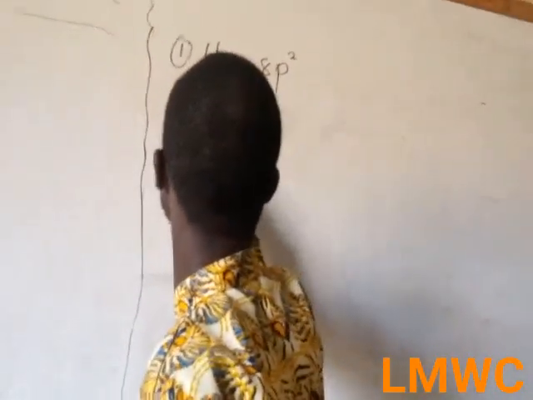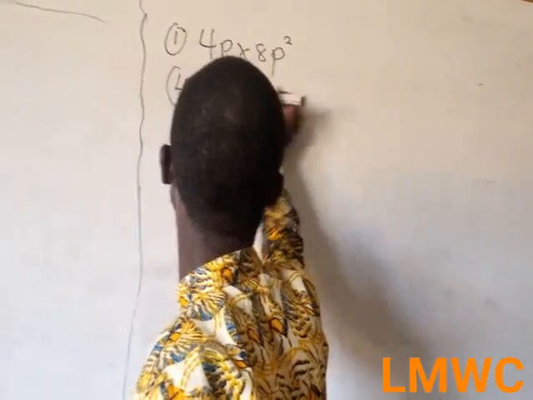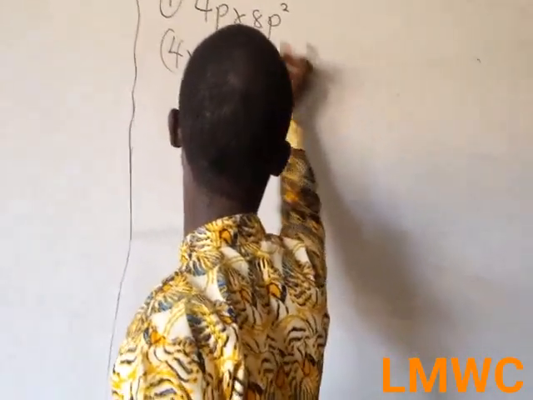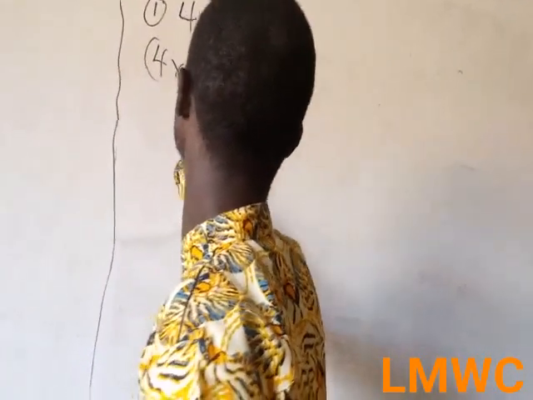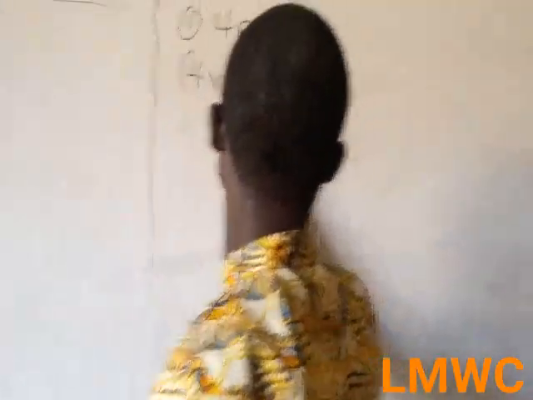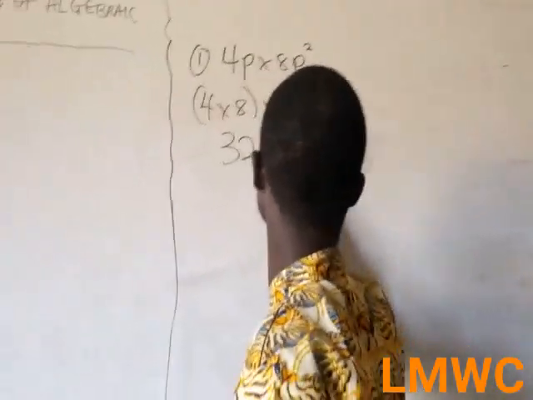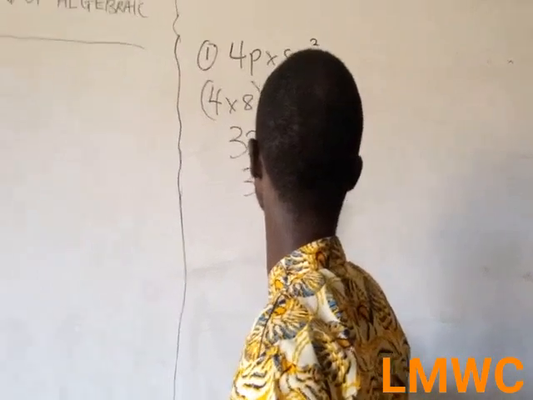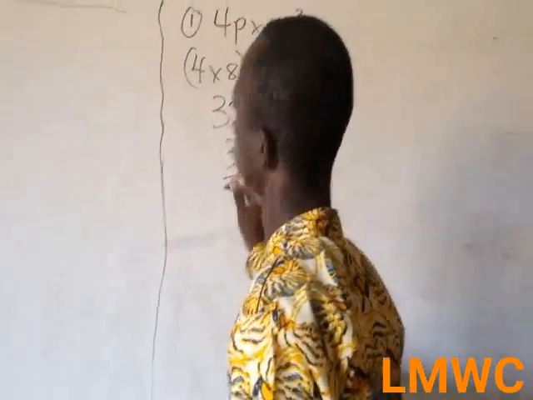You take the numbers: 4 times 8 times p times p squared. So 4 times 8 is what? 32. Times p squared is p cubed. So it becomes 32p cubed.